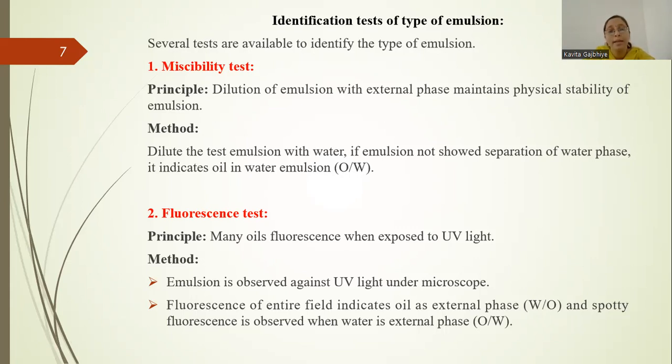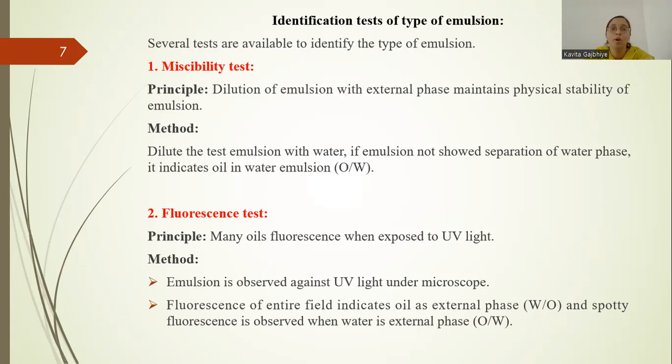Whereas if you dilute your O/W emulsion with oil, then as the external phase is water but you have diluted the emulsion with oil, it will break. So the miscibility test is a very important test for identification of emulsion. If the emulsion, when diluted with water, does not separate, that means water is your external phase.